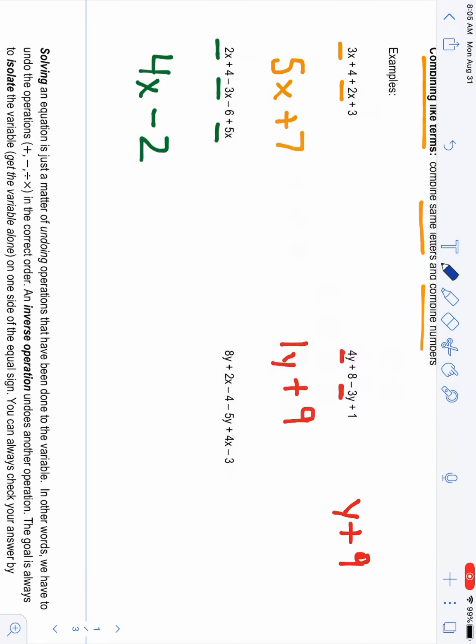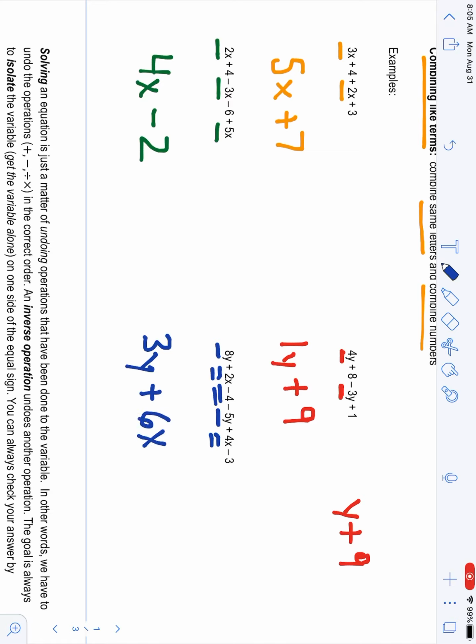All right, last one. This time I have x's, y's, and numbers. I'm going to go ahead and combine the y's first. You can do the y's or the x's. I have 8 minus 5, which is 3y. I have 2x and 4x. That's 6x.